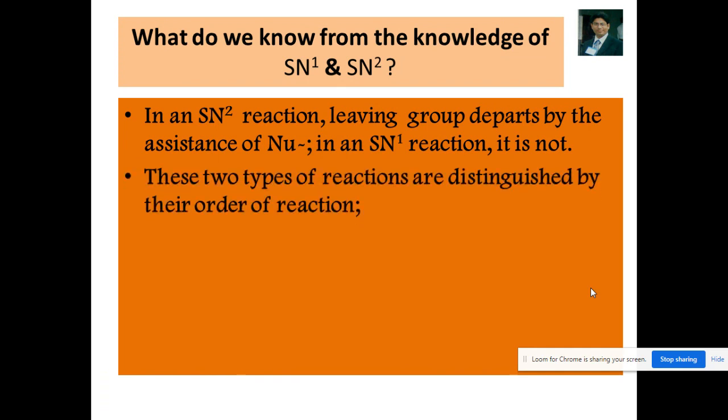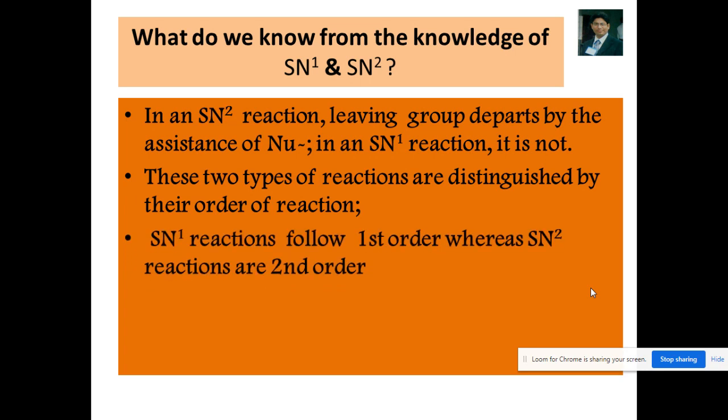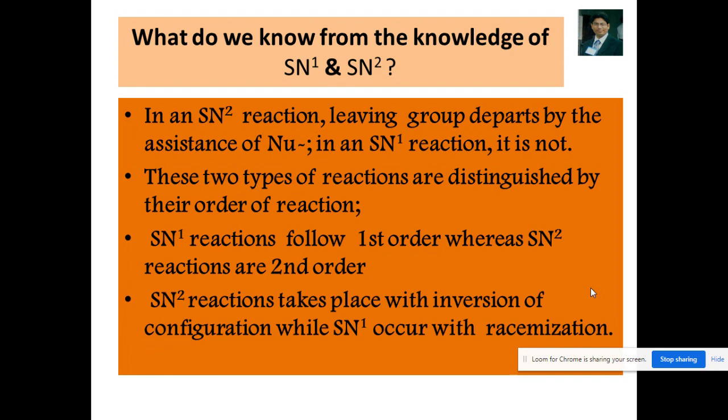Number two, these two types of reactions are distinguished by their order of reaction. Number three, SN1 reactions follow first order, whereas SN2 reactions are second order. SN2 reactions take place with inversion of configuration, while SN1 occurs with racemization.